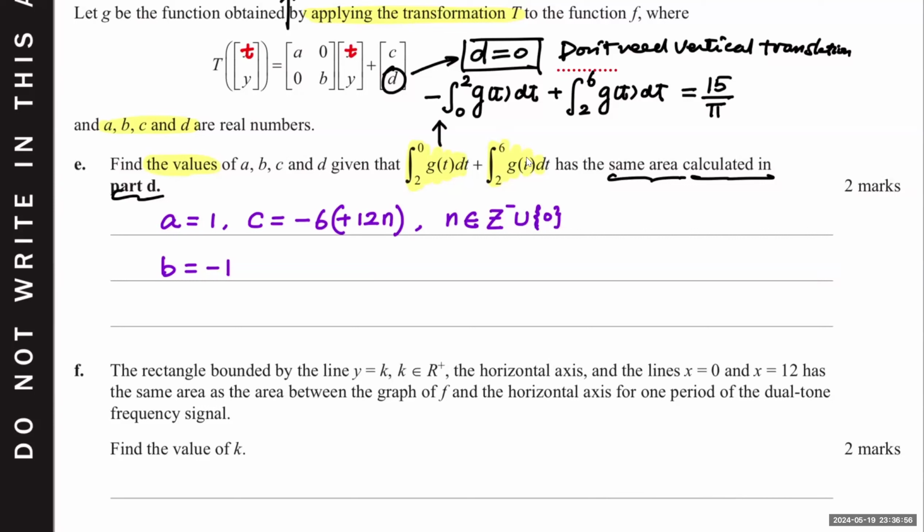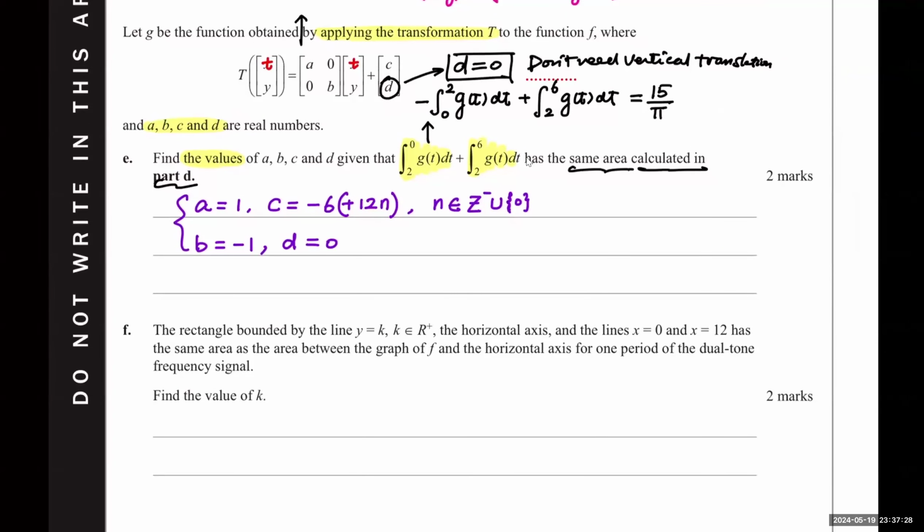It's negative 1 multiplied in front of y. And the d value is 0. So this is just one set of possible answers. There are other answers, such as you could also use a minus 1 here and 1 here. You reflected about the y-axis and then push that by multiples of 12 to the left or to the right, whatsoever. So let me just mark down here: other possible answers exist.